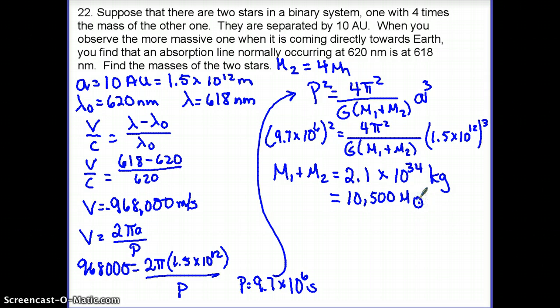And then I know that M2 is equal to 4M1. So I can say that M1 plus 4M1 is 10,500.